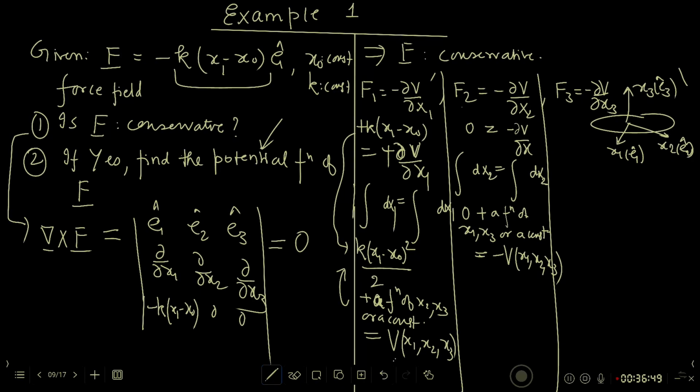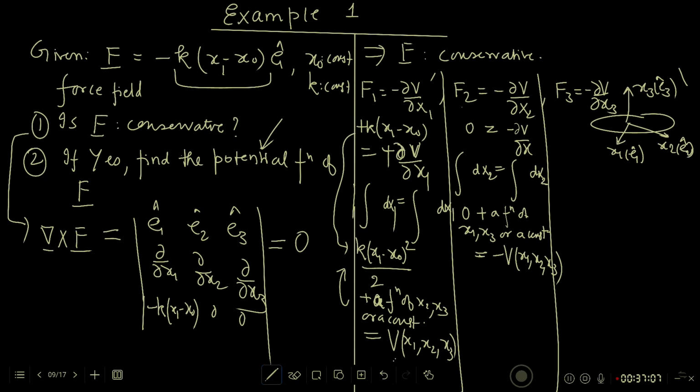So every integration is giving me v at x1, x2, x3 on the right hand side, but on the left hand side I am getting different types of information, and I keep gathering all that information.